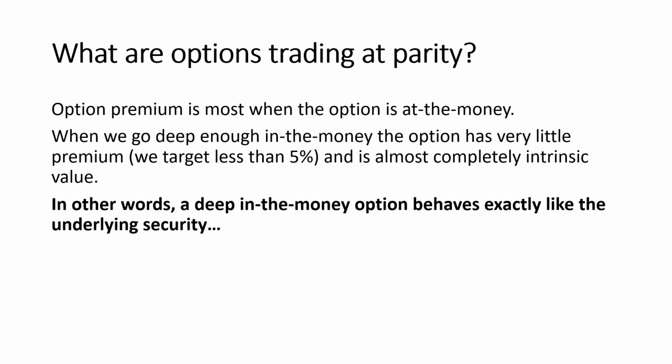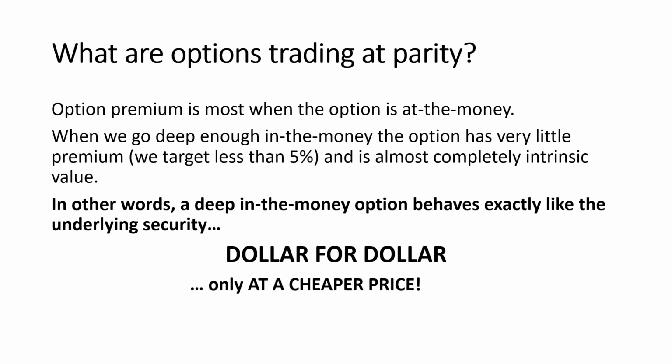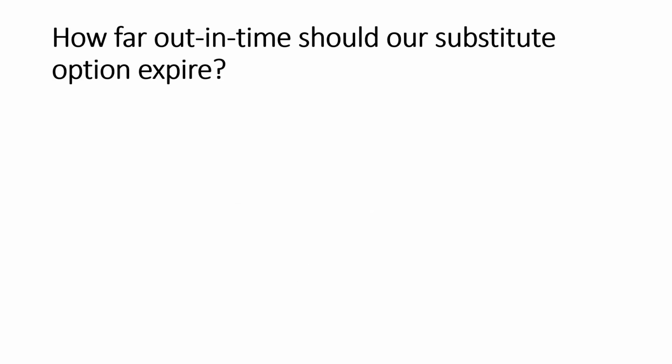In other words, a deep in the money option behaves exactly like the underlying security, dollar for dollar, but it's at a cheaper price. How many with a show of hands are following so far? Excellent, excellent.